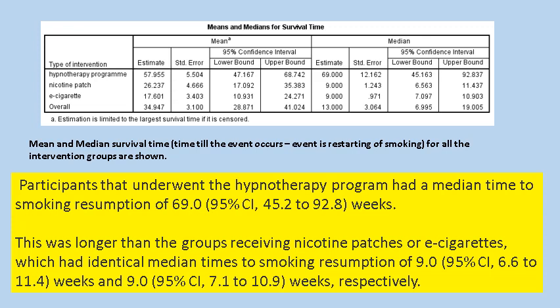Okay, for e-cigarette, what was the median time to smoking resumption? 9 weeks. Estimate is 9 weeks for median, right? And a 95% confidence interval varies from 7.097 to 10.903. So this is a description of mean and median survival time.